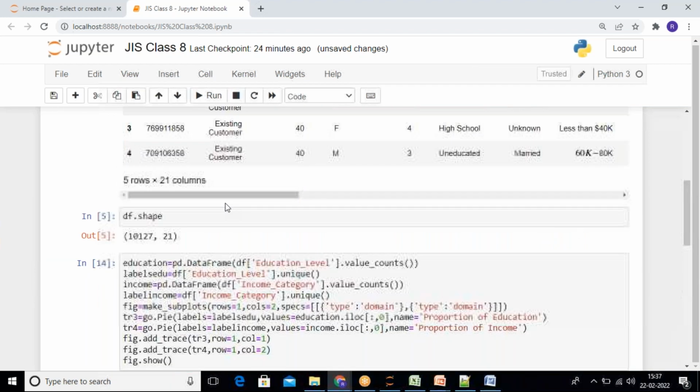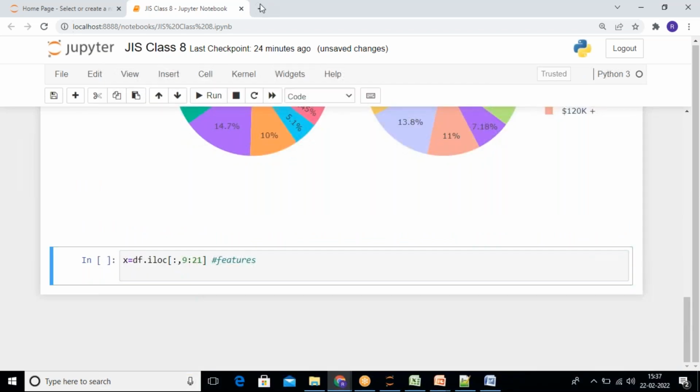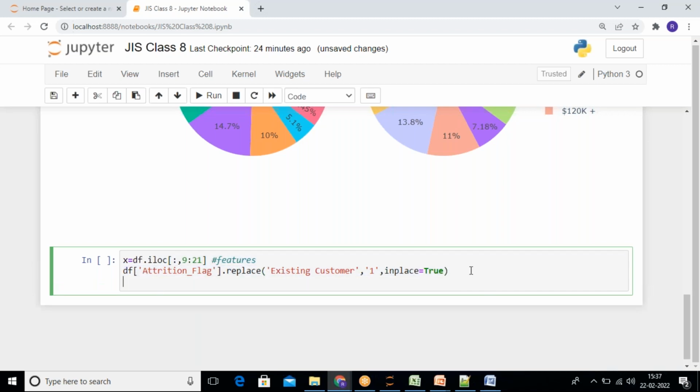Okay, and this particular attrition flag, we will actually replace the value. We will replace the value of existing customer by 1. Okay, similarly I will take the other and replace it by 0.